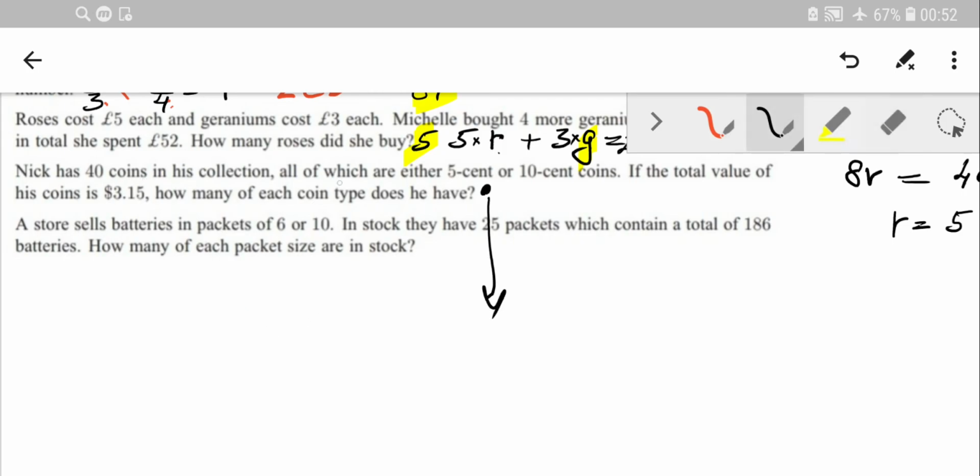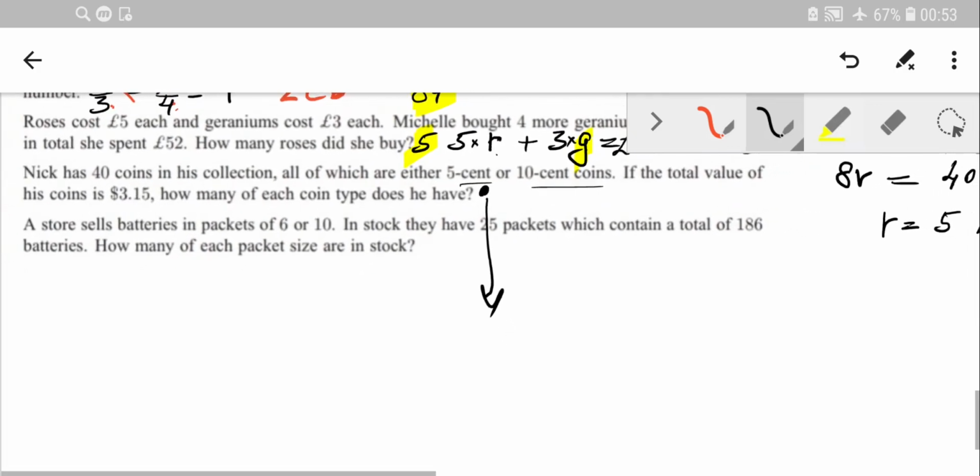40 coins in his collection, all of which are either 5-cent or 10-cent coins. 40 coins in total. If the total value of his coins is 3.15, how many of each coin type does he have? Okay, so let's do that. What we need to find: 5-cent or 10-cent coins.